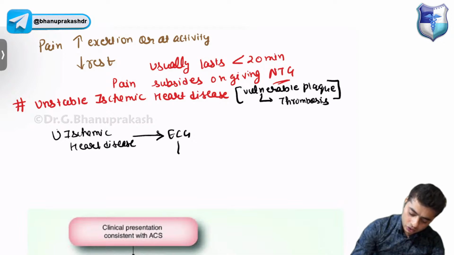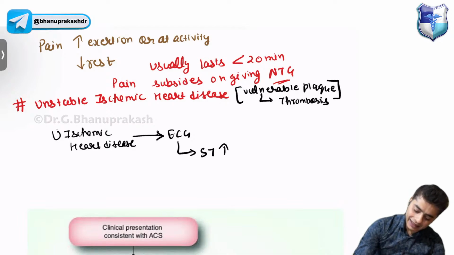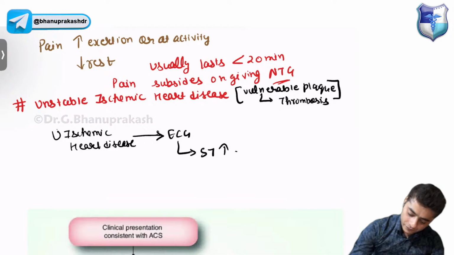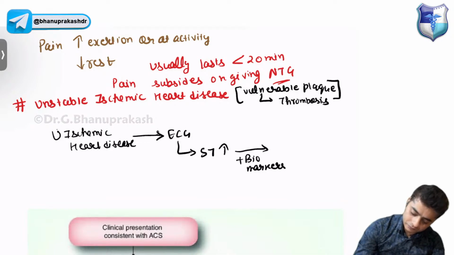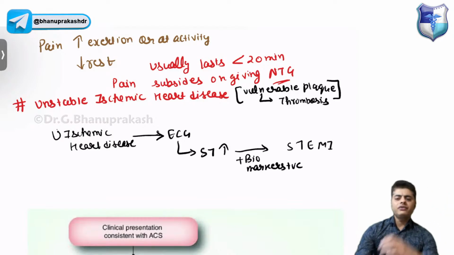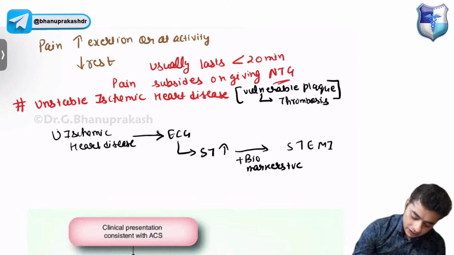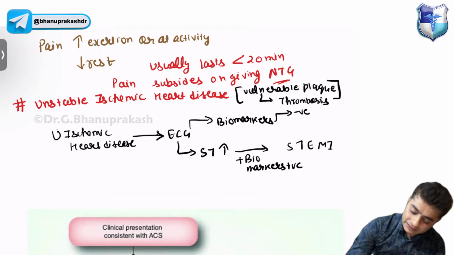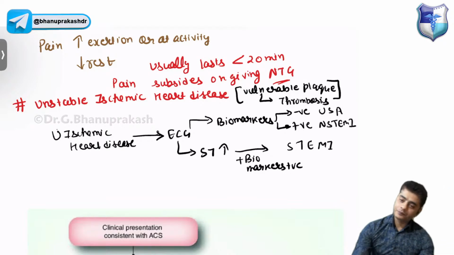If in the ECG you get ST elevation, and biomarkers positive, then it is STEMI. But if in the ECG there is no ST elevation, then we will move on to biomarkers. If biomarkers are negative, then it is unstable angina, and if it is positive, then it is non-ST elevation MI.